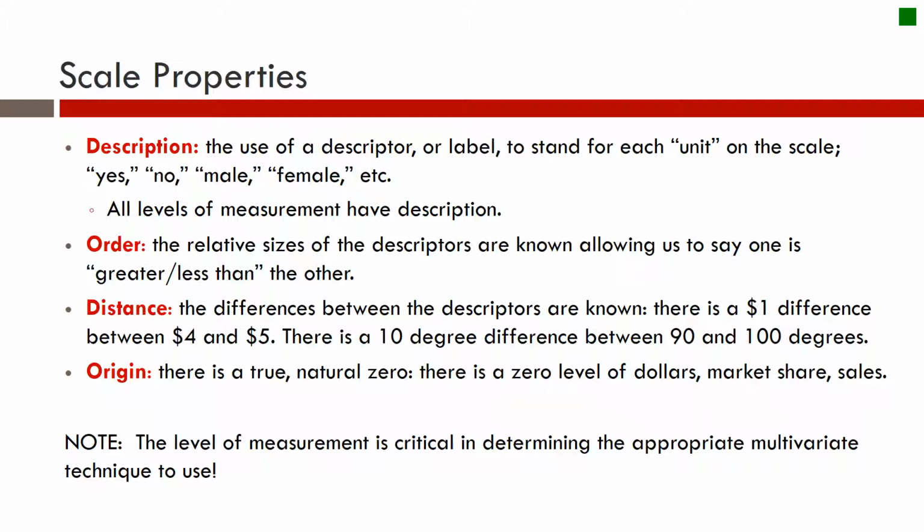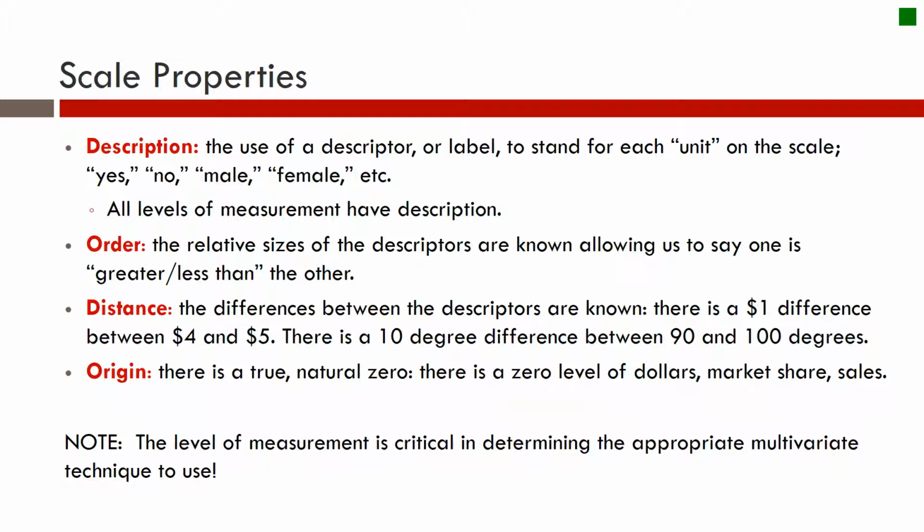The third property would be distance. When two objects have the same distance between them, they also have order, they also have description, by the way. They also have the other properties too. So distance means that there's some equal or set difference between what could be provided in terms of an answer.